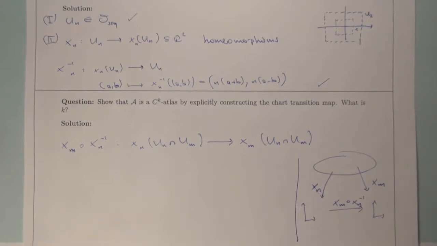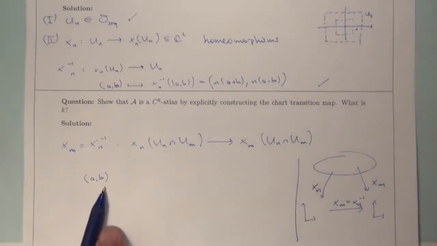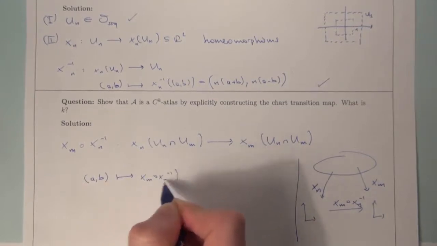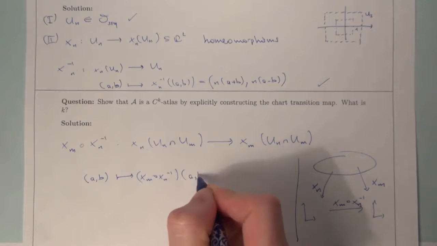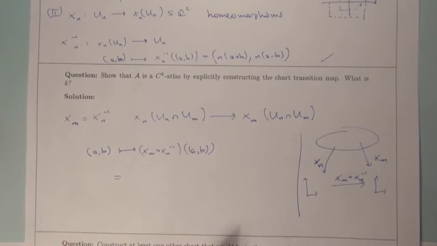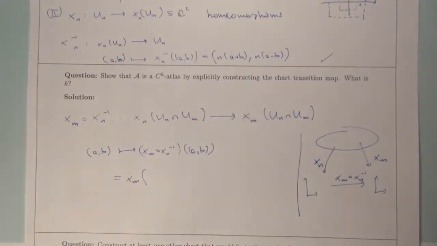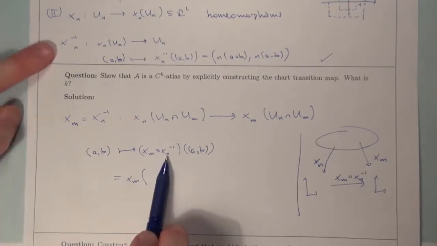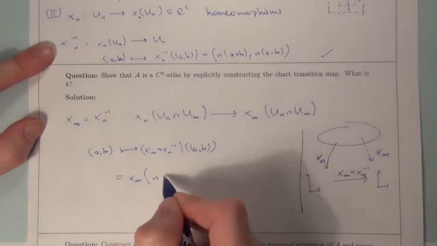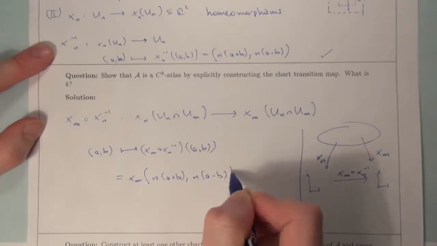Okay, so in order to construct this map, we feed it with a tuple (a, b) and just plug these in here and calculate the result. So this is x_m of x_n inverse. We calculated here, therefore this is just n times a plus b and n times a minus b.